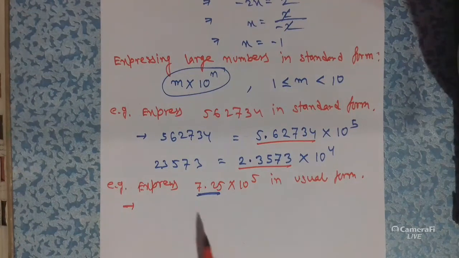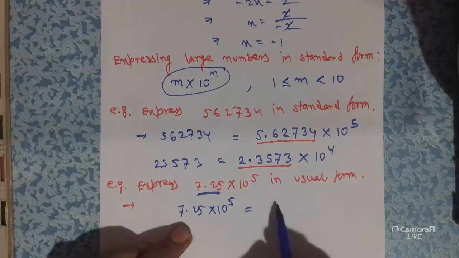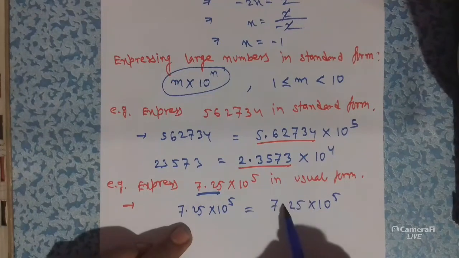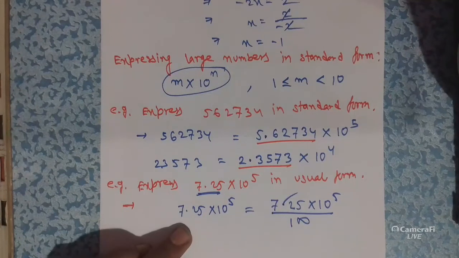Now we have to convert 7.25 into 10 to the power 5 in usual form. So 7.25 multiply 10 to the power 5. If we remove this point, we take 100 as the denominator, because after the point there are 2 digits.